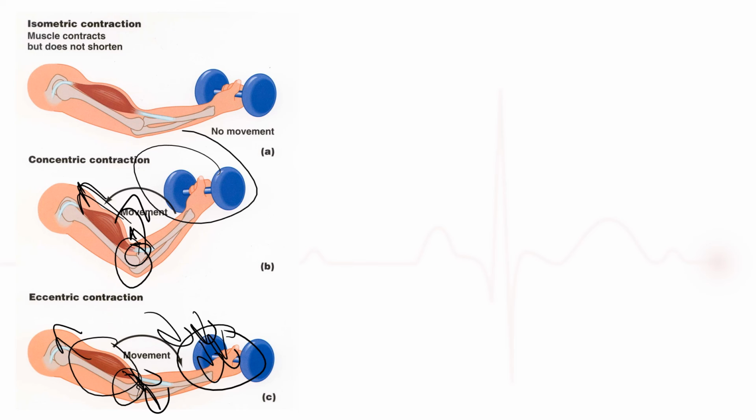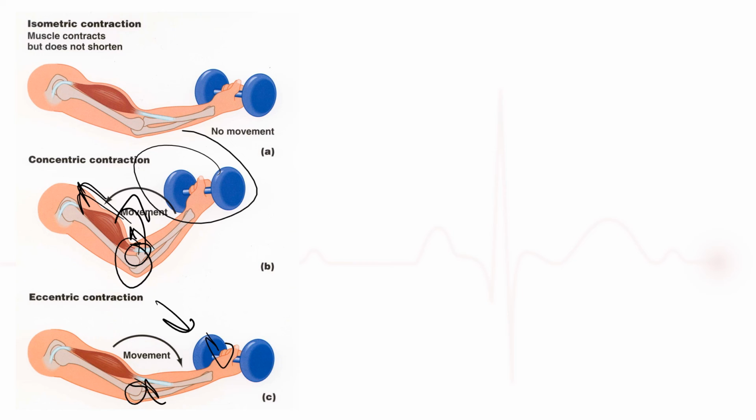And while the dumbbell is falling with gravity, what's actually happening at the elbow? The elbow is extending. So as you allow for this weight to fall with gravity, the elbow is extending and the biceps muscle is lengthening. But the biceps muscle is still contracting and generating force, which is what's actually allowing for you to slowly allow that weight to fall with gravity and not rapidly fall, because the biceps muscle is still generating force and relaying that force onto the tendons and onto the bones.